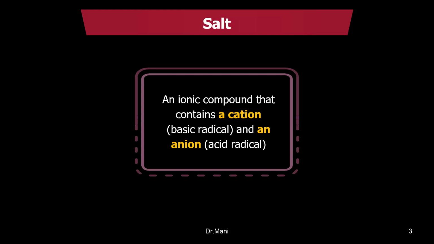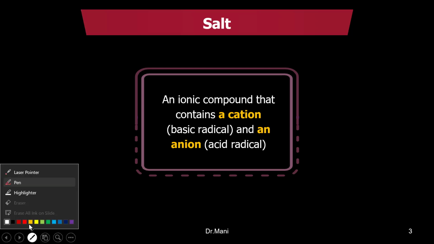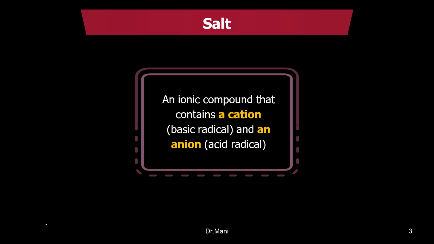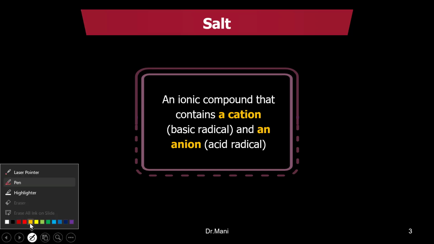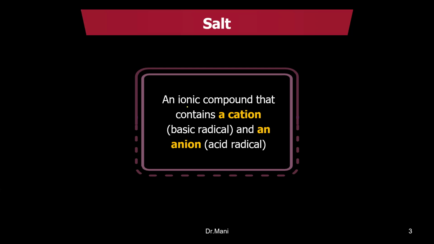Okay. So salt. What is salt? It is an ionic compound that contains both the cation and the anion, right? It's not a covalent compound. Ionic compounds are formed by a complete transfer of electrons.